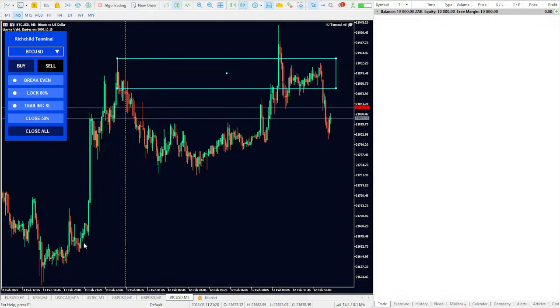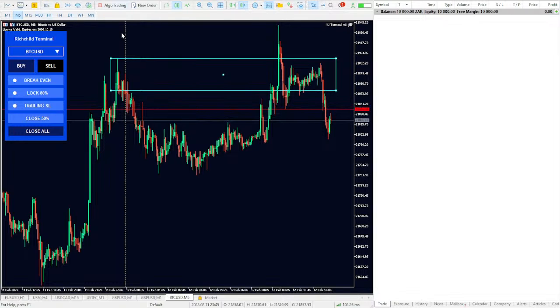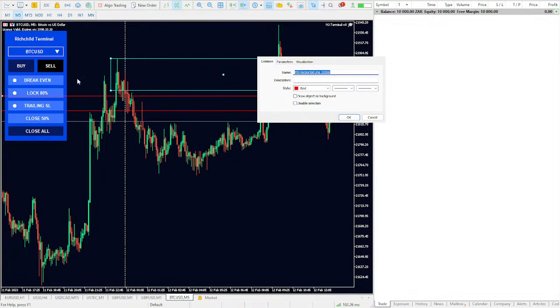Okay, so given these circumstances and given these scenarios, if you enter all of your trades right here, let me set object horizontal align, and let me make it a little bit thicker so that you can see it.